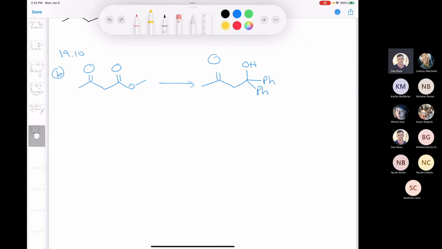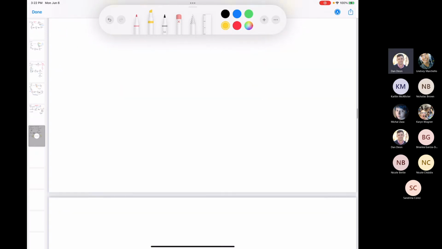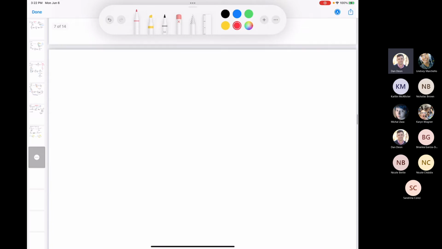We've got two functional groups, a ketone and an ester. If we want to take the ester and convert it into a tertiary alcohol, we actually saw that reaction earlier in the course. I'm going to go down here and remind you, because we didn't look at it a ton.